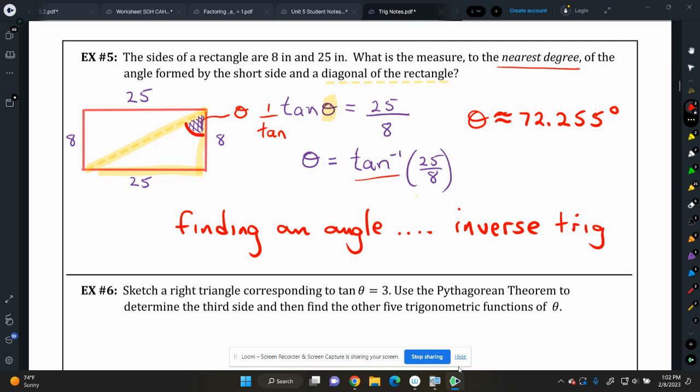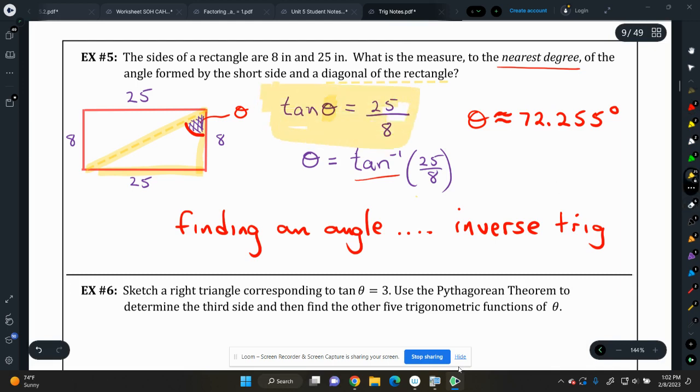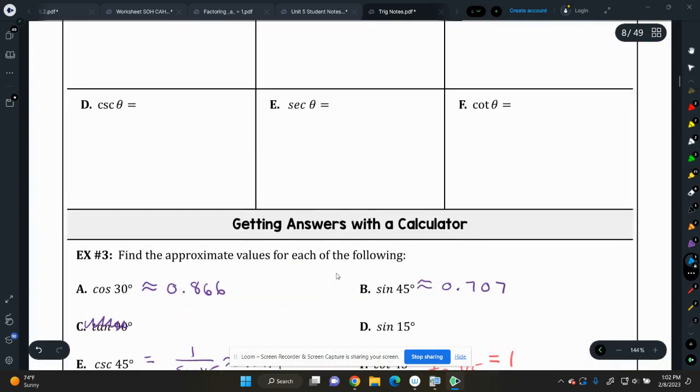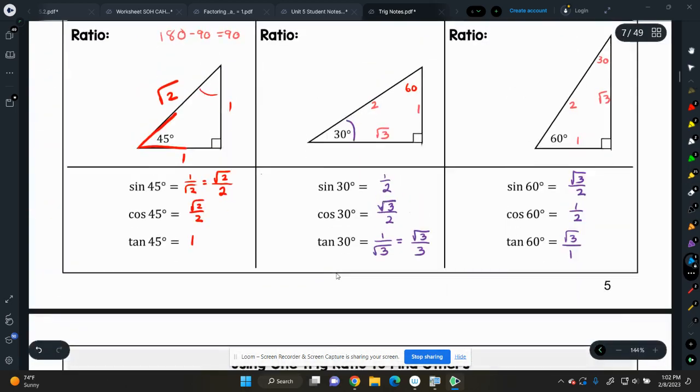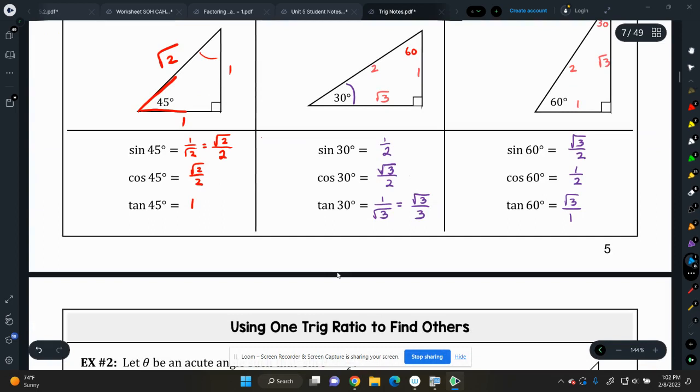We're using the inverse functions to find the angles. Basically, what we're saying with this equation is: the tangent of what angle equals 25 over 8. Up here we had the tangent of 60 is the square root of 3. Let's turn that around.